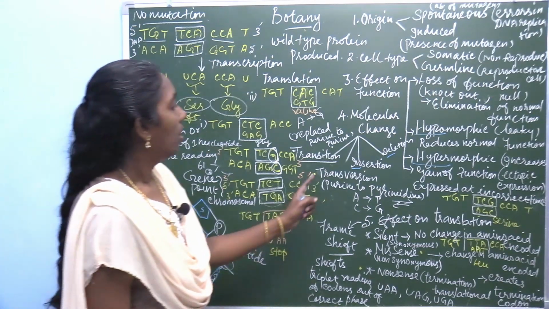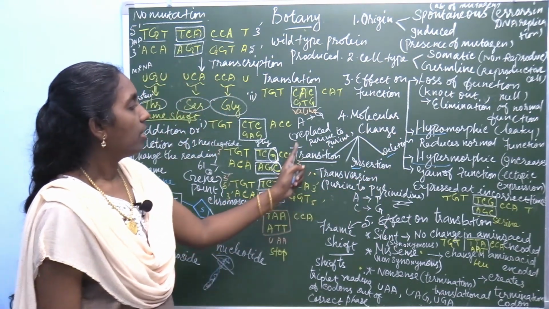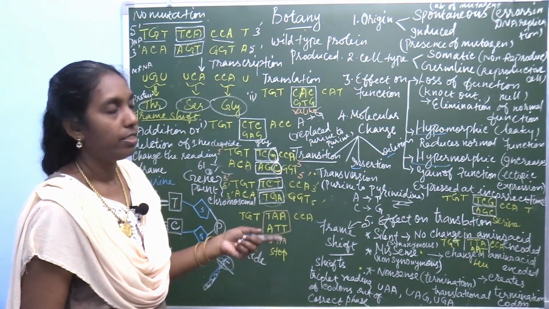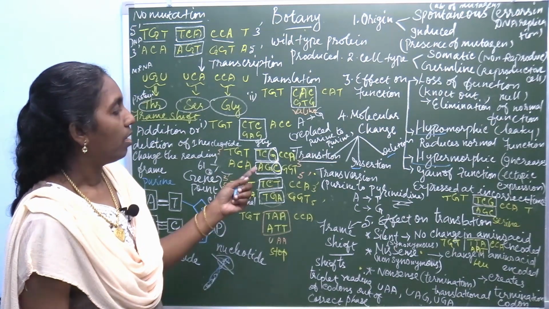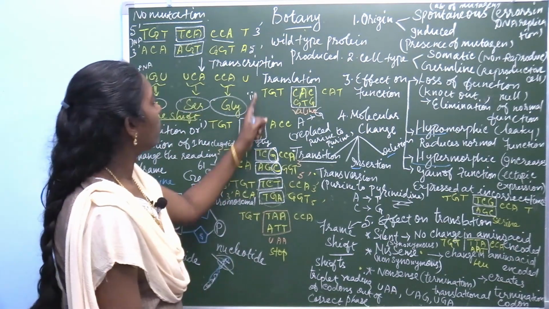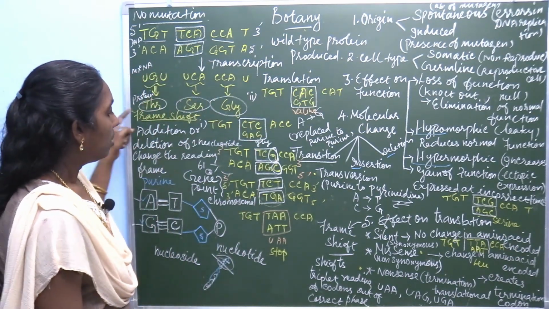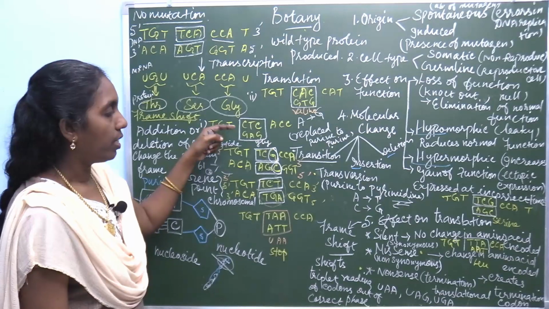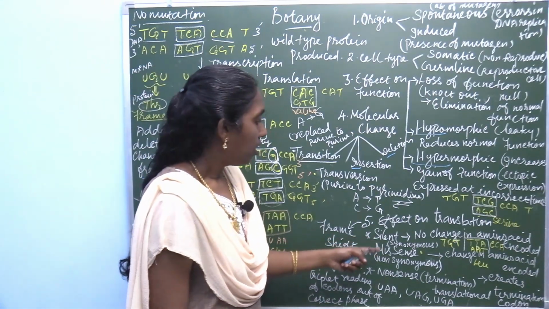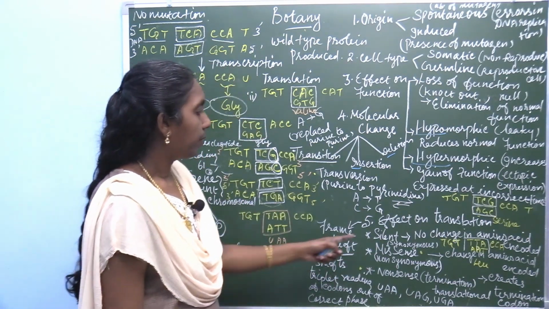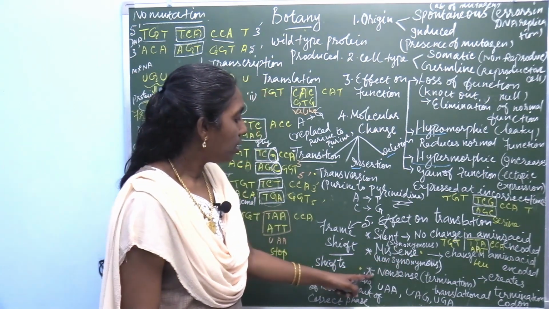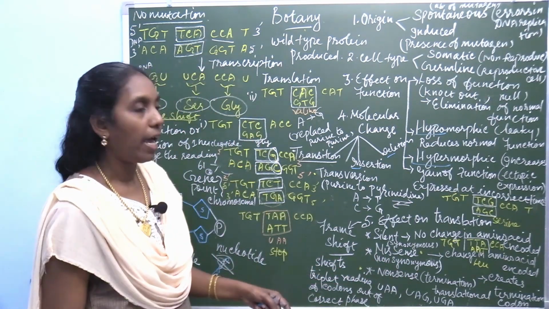So this molecular change is a replacement, either substitution or insertion. Then, the fifth type is effect on translation. Based on the effect on the formation of the amino acid, it is classified into different types: silent mutation, missense mutation, nonsense mutation and frame shift.